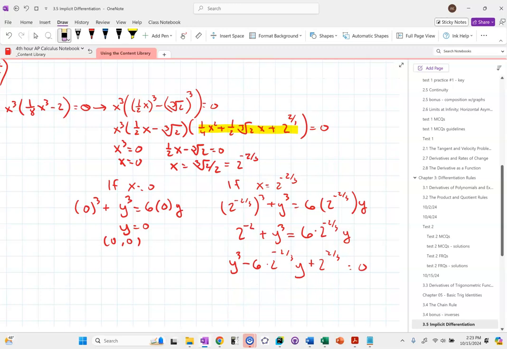So if I look at this polynomial, I have y cubed, y to the first, and then a constant. Do we have any good method to factor that? No, you do not.